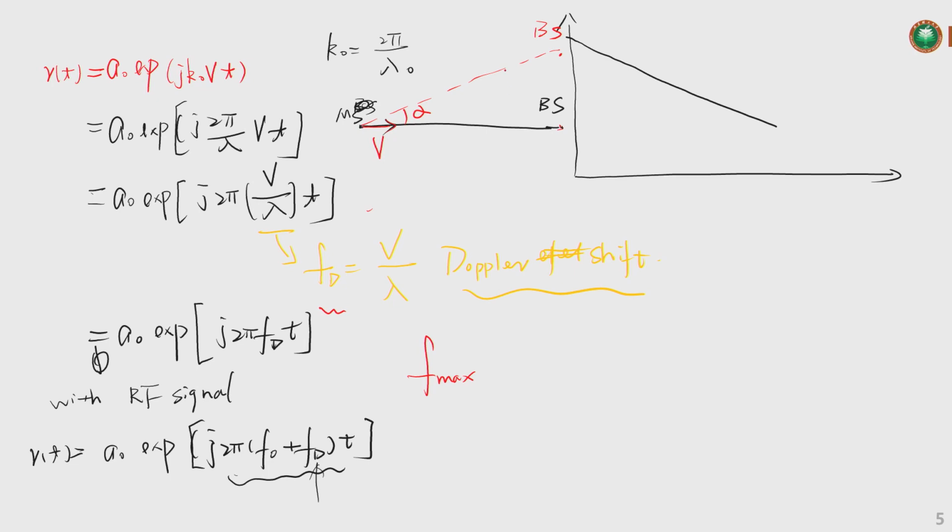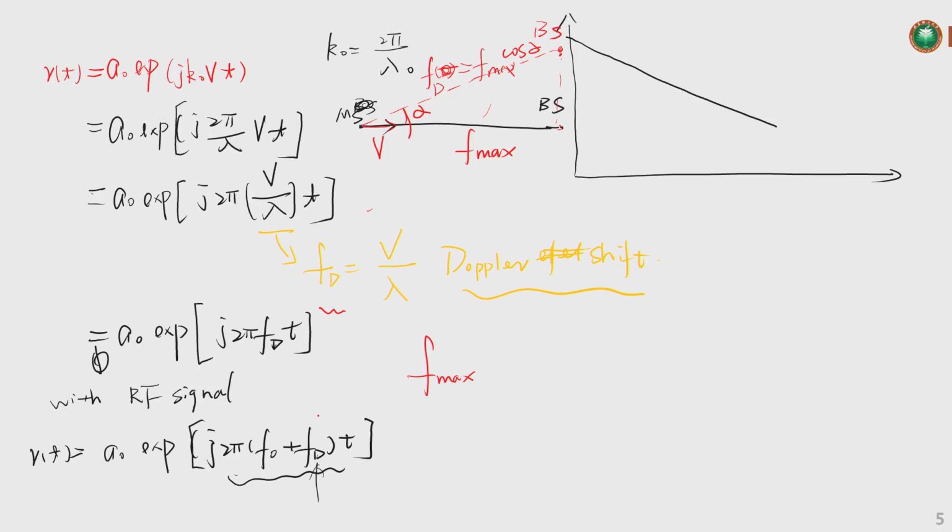So this is f max. And if the base station has a height, so they have an angle alpha, the Doppler shift should become smaller, right? Because the relative movement between the mobile user and the base station becomes smaller. So fd is equal to f max times cosine alpha.